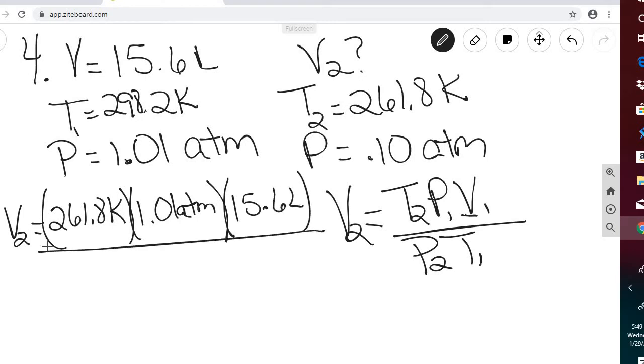And then we'll divide that by P2, which is 1.10 atmospheres, and by T1, which was 298.2.